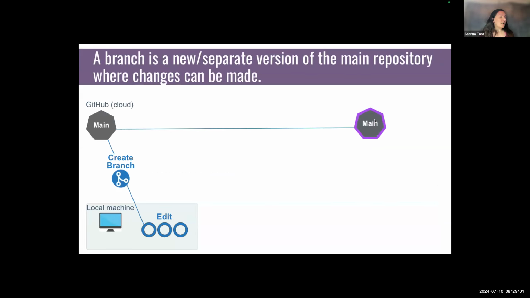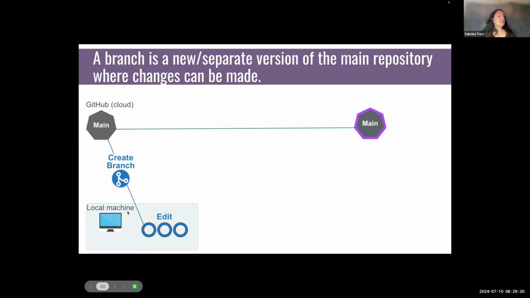So how does it work? The repository on GitHub is called main. So main is the version of the repository and the version of the ontology as it is currently. When you start working on the ontology, as I said, you're going to make a copy on your machine, but you will also create a branch.